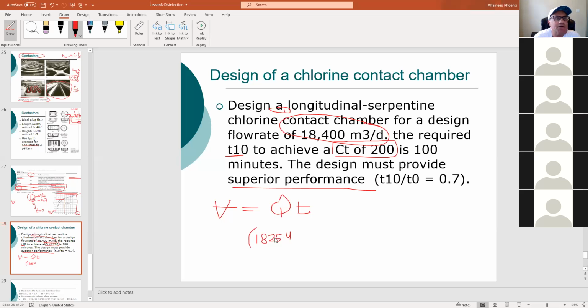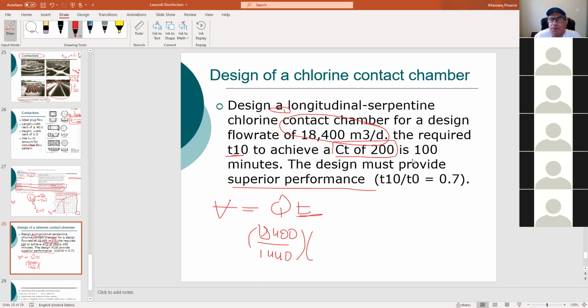Good. So you do that. This value, I'm not going to do it, you do it. 18400 divided by 1440. Yeah. Okay, now, what T are you going to take?